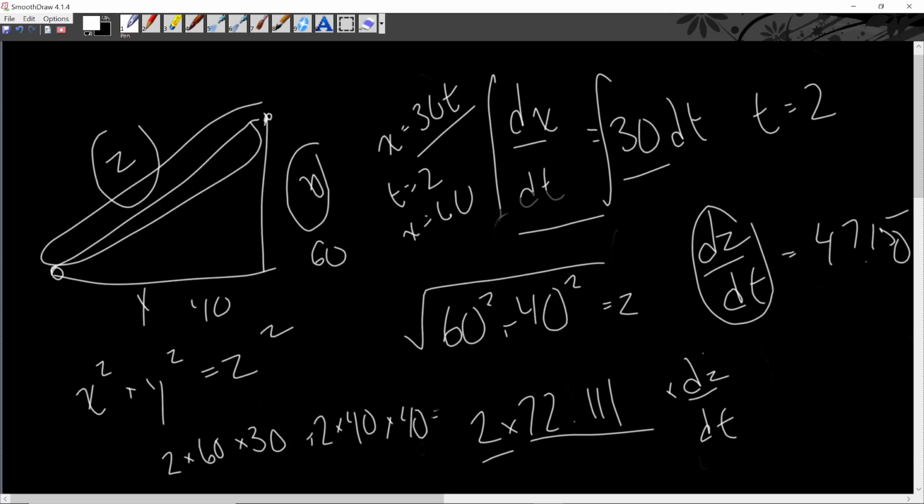So what did we do, right? We saw two variables. We observed a relationship between those two variables, and then we are trying to find the derivative, or the change of that relationship between these two variables with respect to time. Or it doesn't have to be time, it can be with respect to anything, but most of the time it will be time.